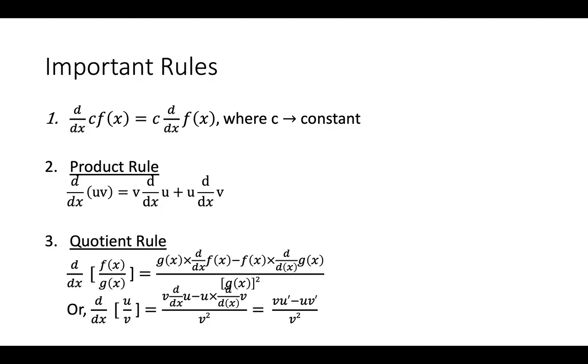So we can write g of x into f dash of x minus g dash x into f of x divided by g of x whole square.